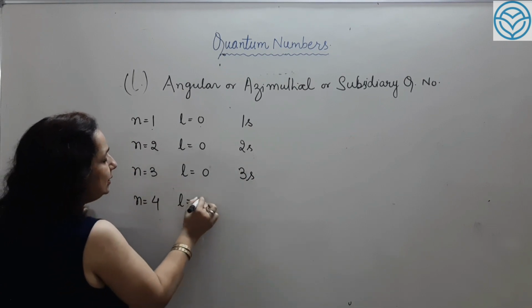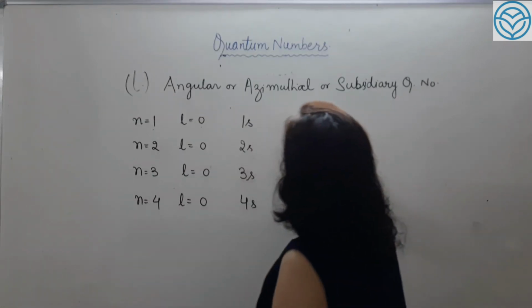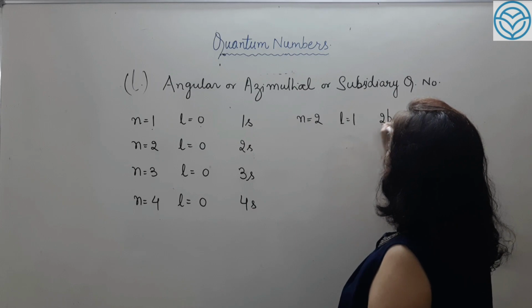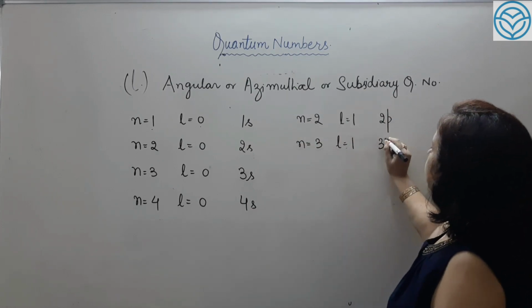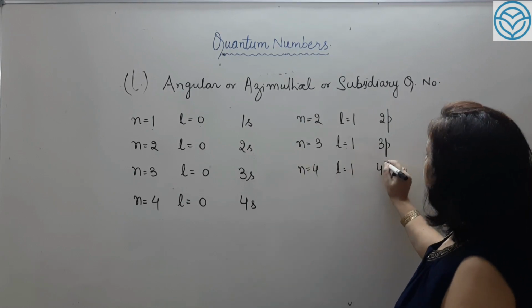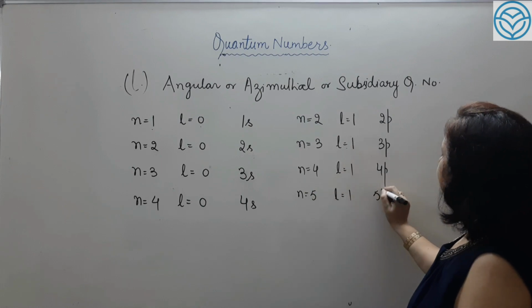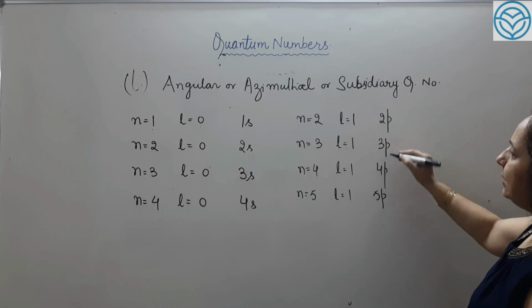N4, L0, 4S. In the same manner, if N is 2, L is 1, it will become 2P. N3, L1, 3P. N4, L1, 4P. N5, L1, 5P room. Subshells are named like this.